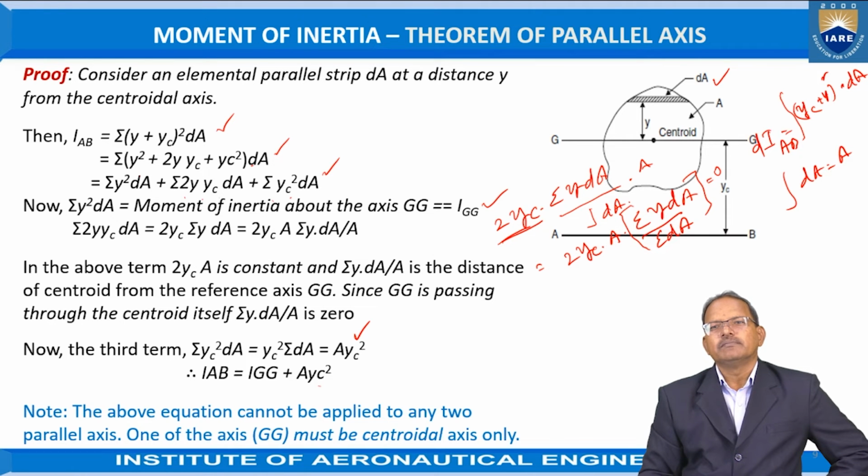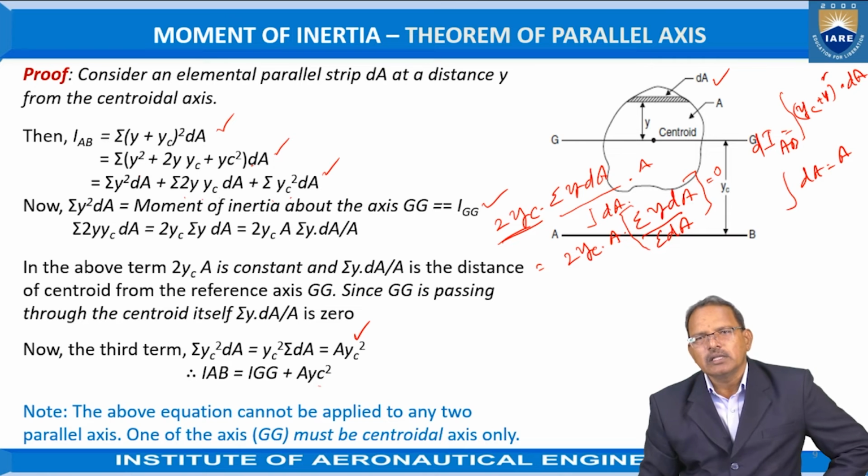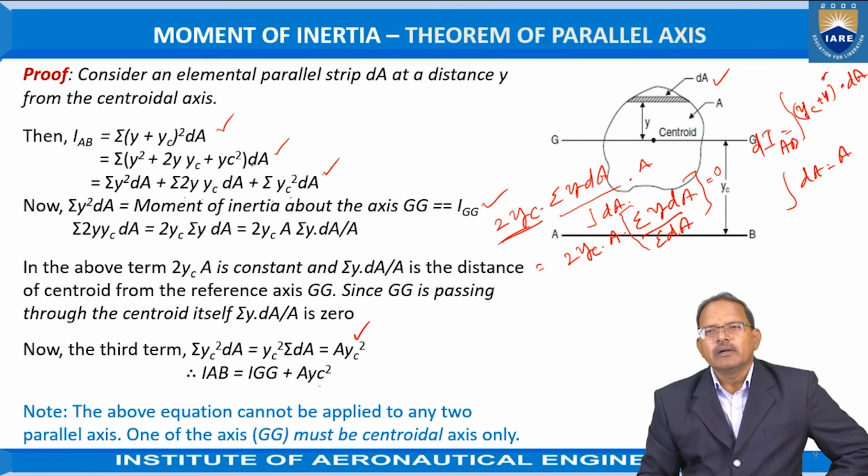This is known as the parallel axis theorem. It is most important for engineering as well as science applications, because we have to determine the moment of inertia possessed by rotating parts or elements of machines about a required axis.